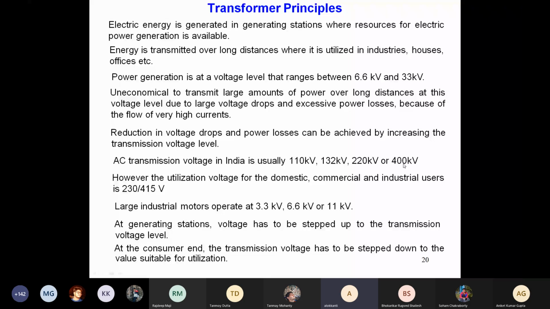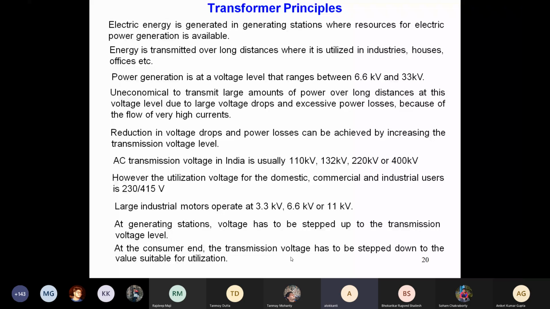When power has to be transmitted at the generating station, you need a step-up transformer, because the voltage has to be raised to the transmission level. And when that power has reached a city, say Mumbai, Delhi, or Ranchi, where there are a lot of consumers, the transmission voltage has to be stepped down so that the consumers can use it.